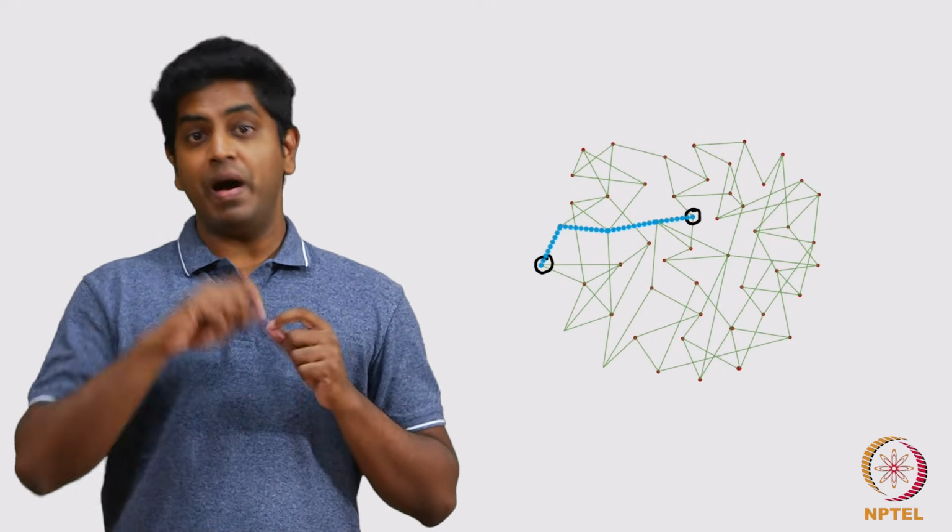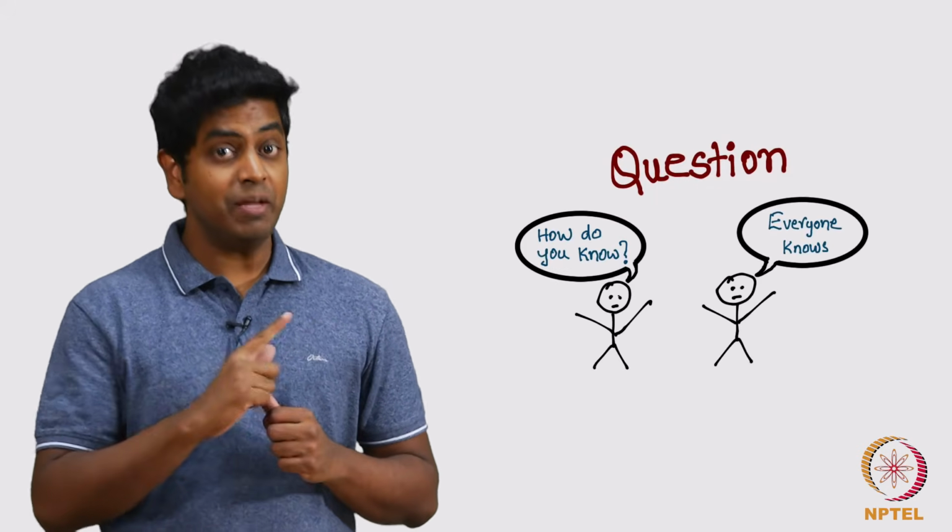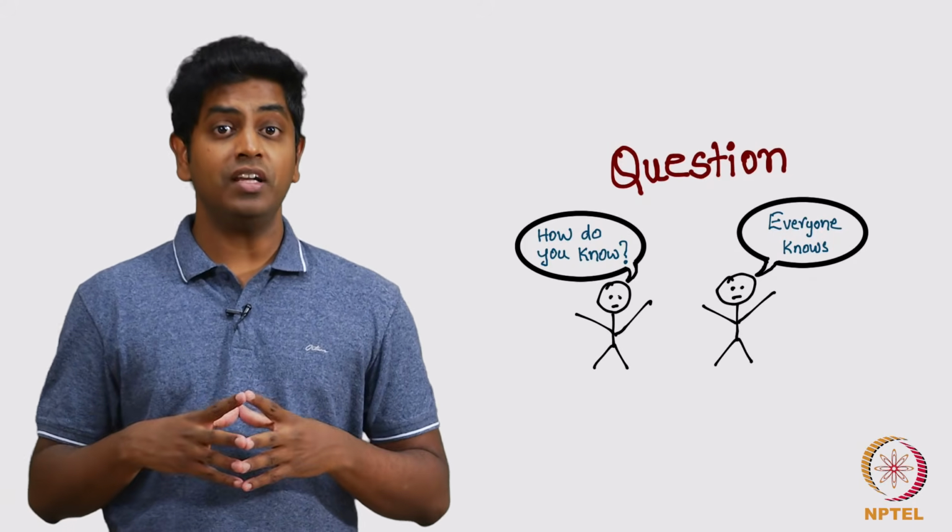By that we mean any 2 people have a path between them, which means, let's get back to the question that we asked. Remember the clip? 2 friends talking to each other and they were wondering how come everyone knows this piece of juicy gossip.